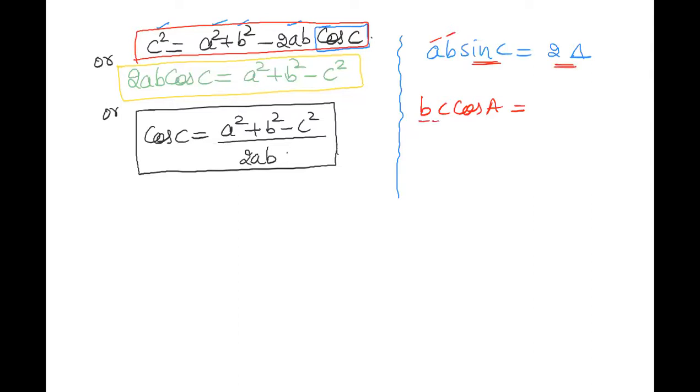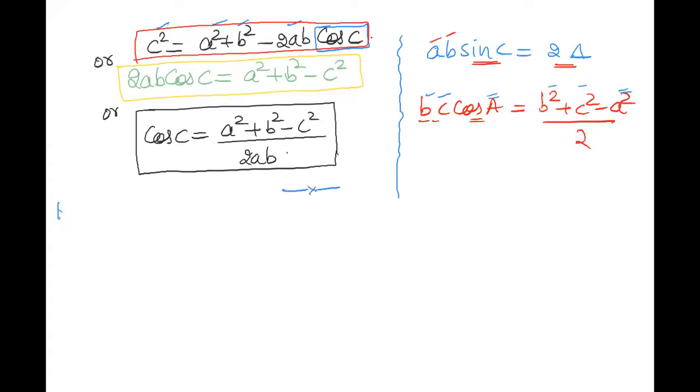If sides and a cosine angle are involved, then what will you think? This cosine formula, b² + c² − a² divided by 2bc. Whatever sides we have, that is squared, and whatever angle we have, that is in subtraction. This type of manipulation you should remember.